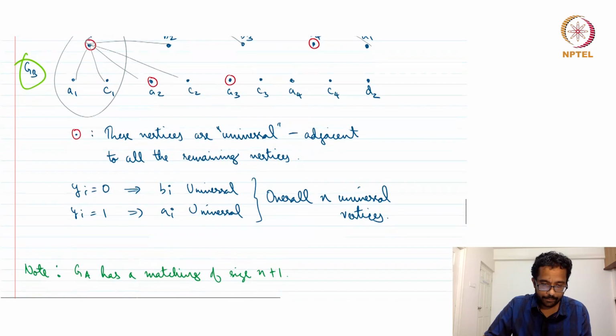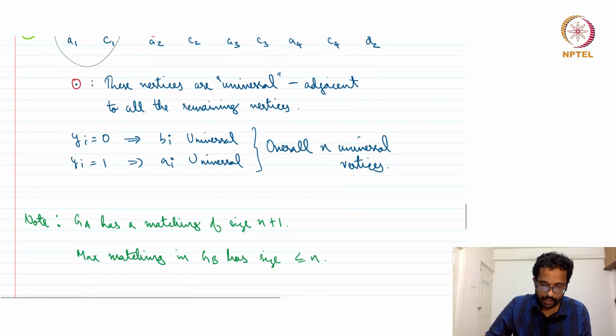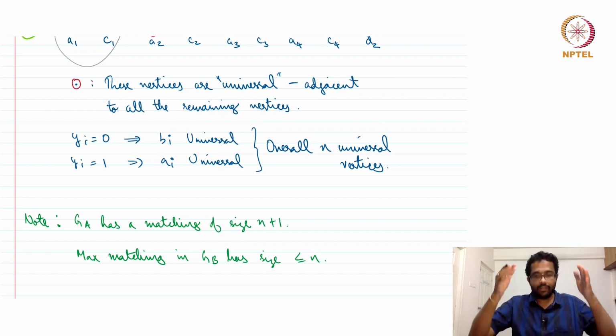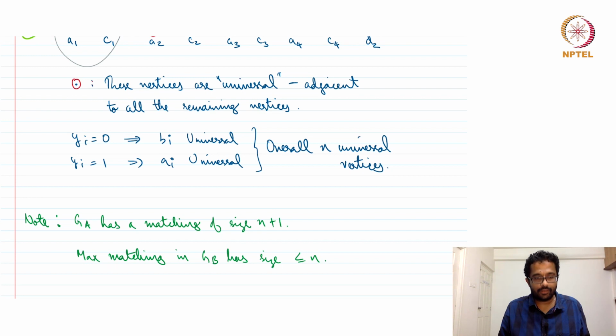This means you cannot have a matching of size bigger than n, because if you had n plus 1 edges, each one should have one of the universal vertices as its endpoint, and you cannot share an endpoint. But then you have only n universal vertices.